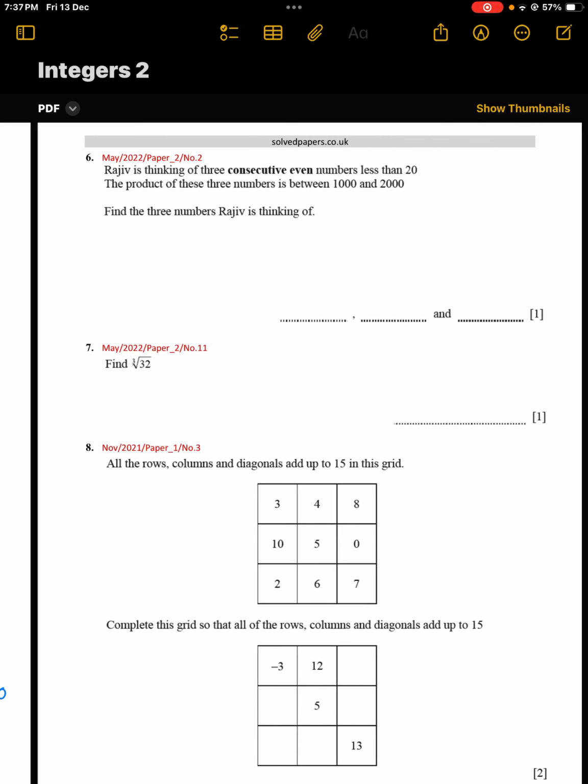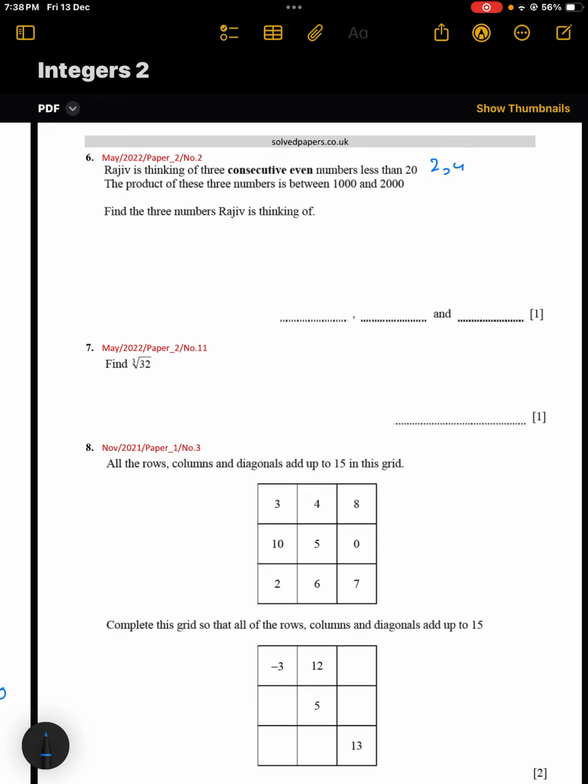Moving to next. Here we have Rajiv is thinking of 3 consecutive even numbers less than 20. By the way, we know even numbers are the numbers which are divisible by 2 or which are the multiples of 2. So I will start writing the even numbers till 20.